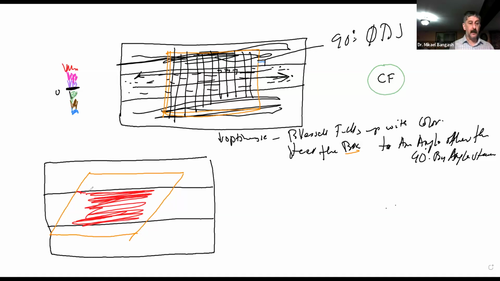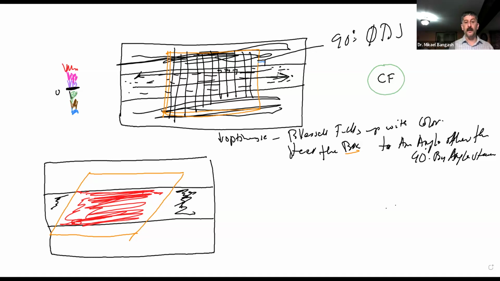Now, please keep in mind, guys, you will only see color within the box. The area out here and here, this is still the blood vessel, but it will still appear black.